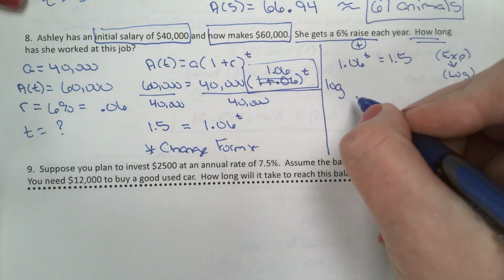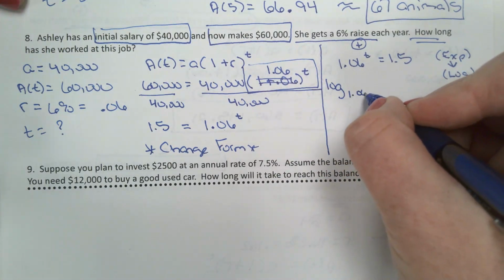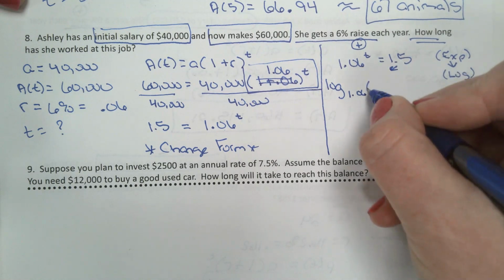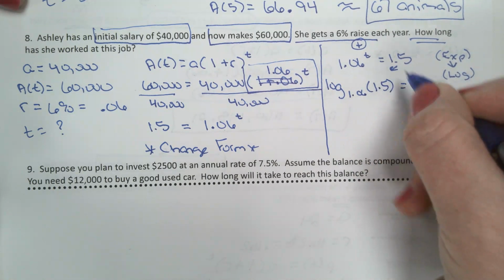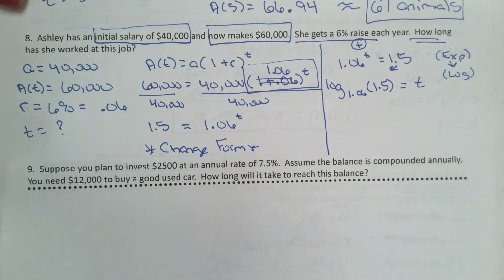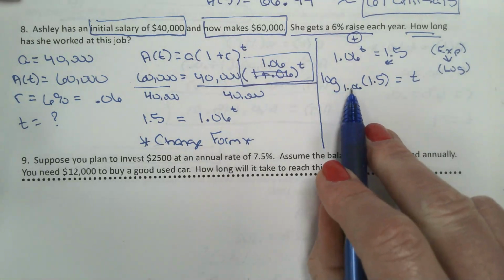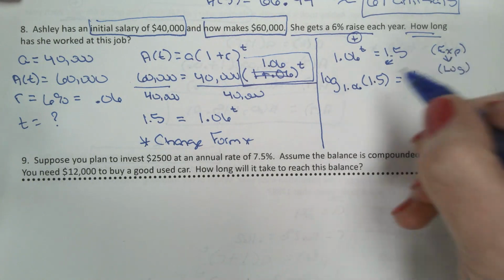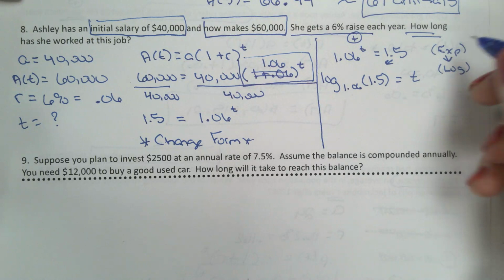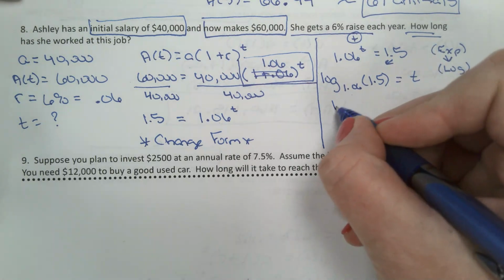So here's your base. So I have log base 1.06. That 1.5 comes over, and then the exponent goes to the other side. So I'm using all my skills on this problem. I have a number here, and I have a number here. When you have a number and a number, I'm going to use my change of base formula.